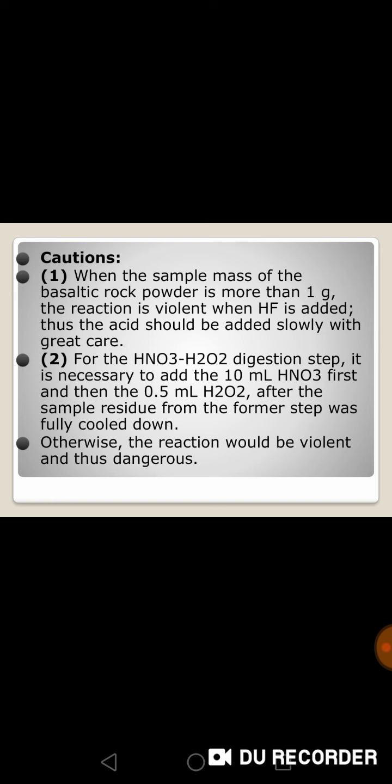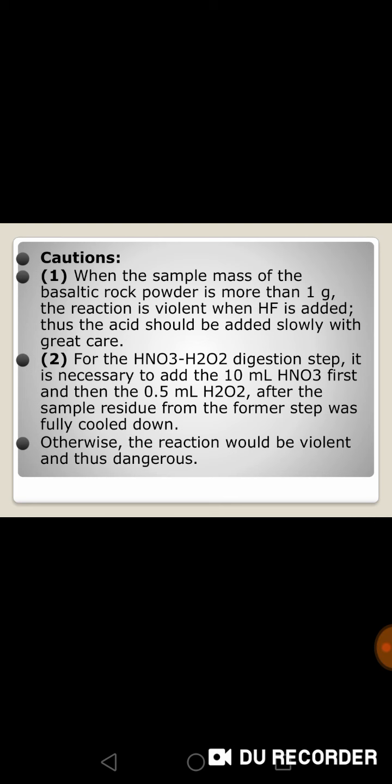So the next thing is, for the digestion steps, when we are adding HNO3 and H2O2, it is necessary to add about 10 ml of HNO3 first, and then 0.5 ml of H2O2. Not put in an abrupt way, but just the necessary amount of HNO3 and H2O2.